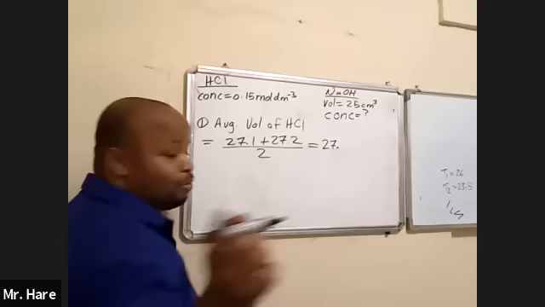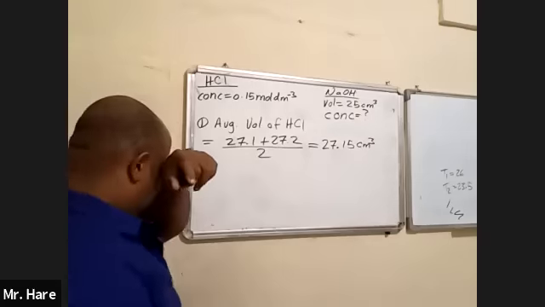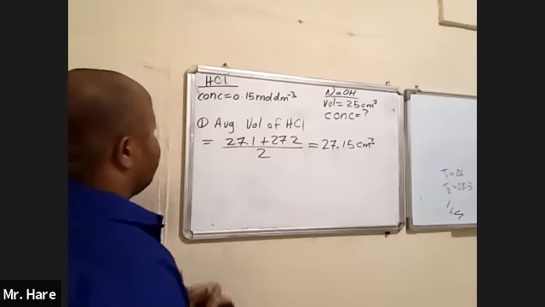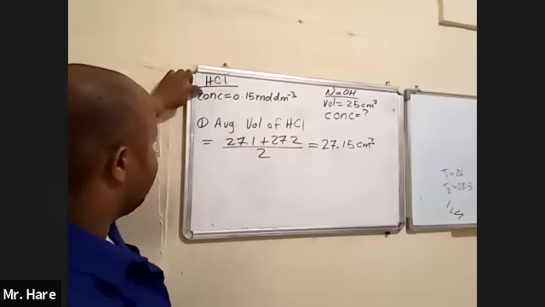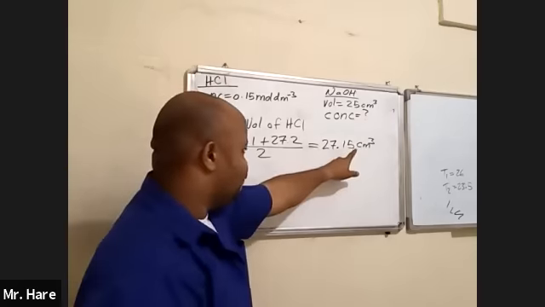No, don't round off. 27.15. All right, so 27.15 cm3. So now we have the concentration of the hydrochloric acid and we have the volume.